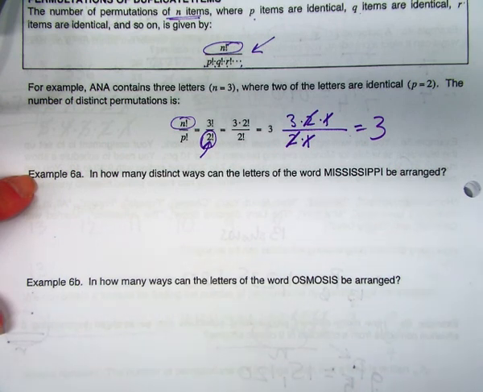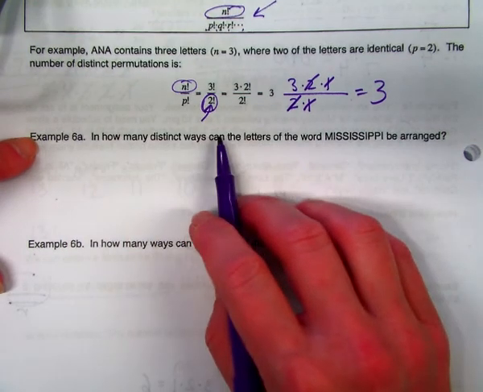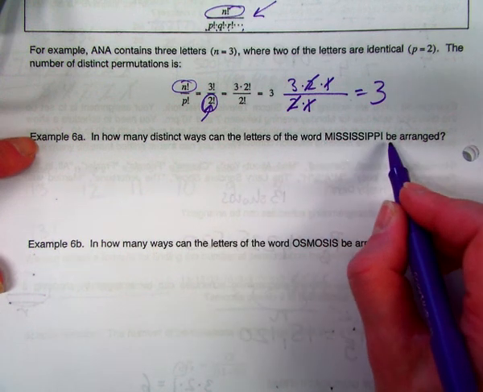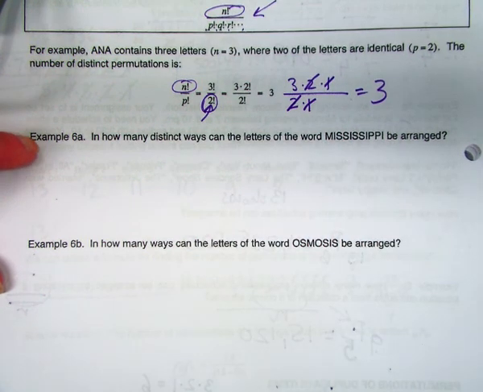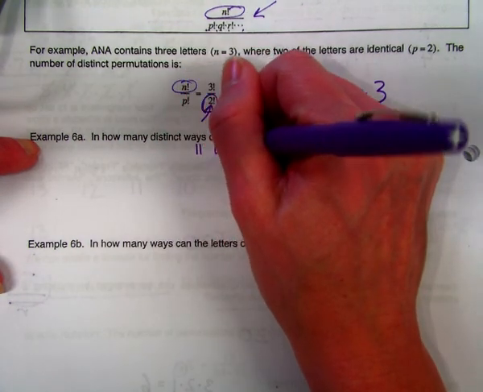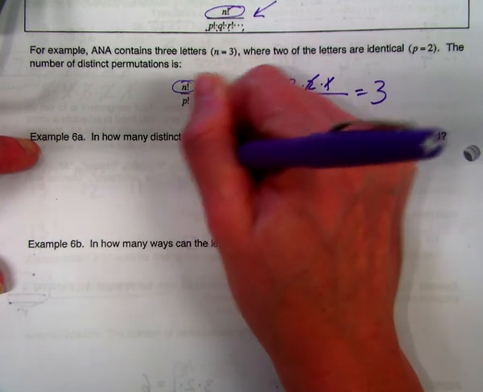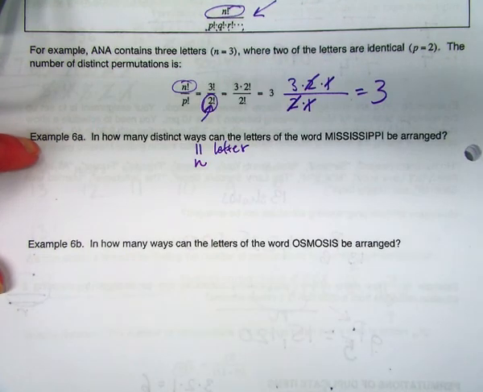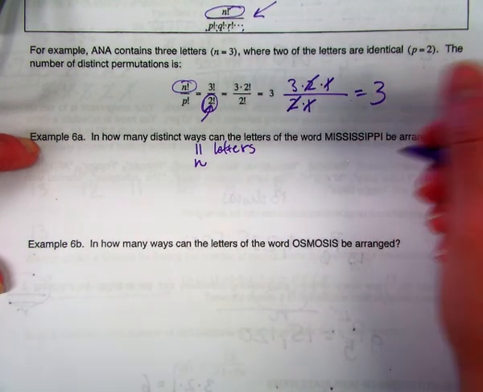Here's how you guys will have to do it. In how many distinct ways can the letters of the word MISSISSIPPI be arranged? First of all, how many letters is that in total? There's 11 letters. Okay, so N is going to be 11. But now, what is repeating?